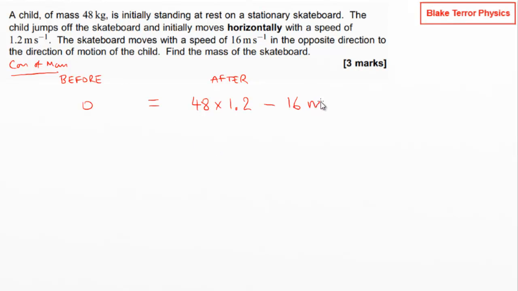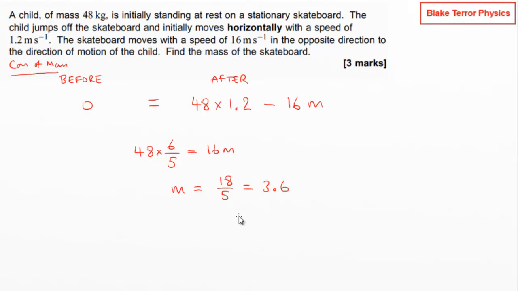And then that's going to be multiplied by some mass m of the skateboard. So we can say that 48 multiplied by, I'll call that 6 over 5, is equal to 16m. So we can divide by the 16 and say that m is 18 over 5, which is equal to 3.6 kilograms.